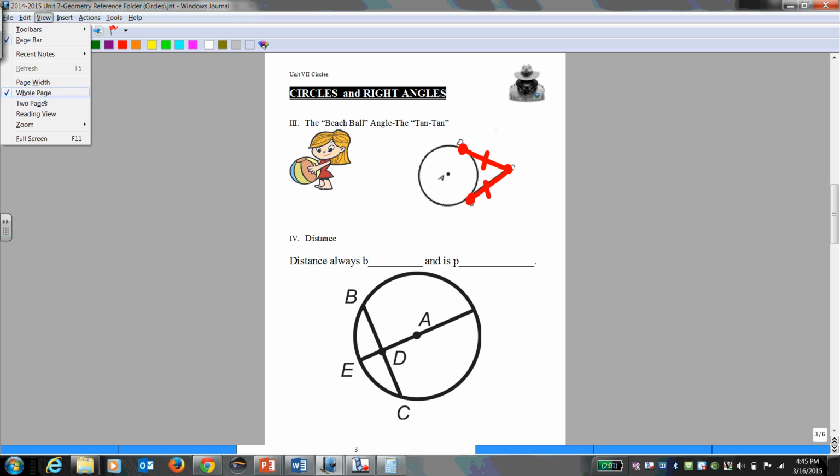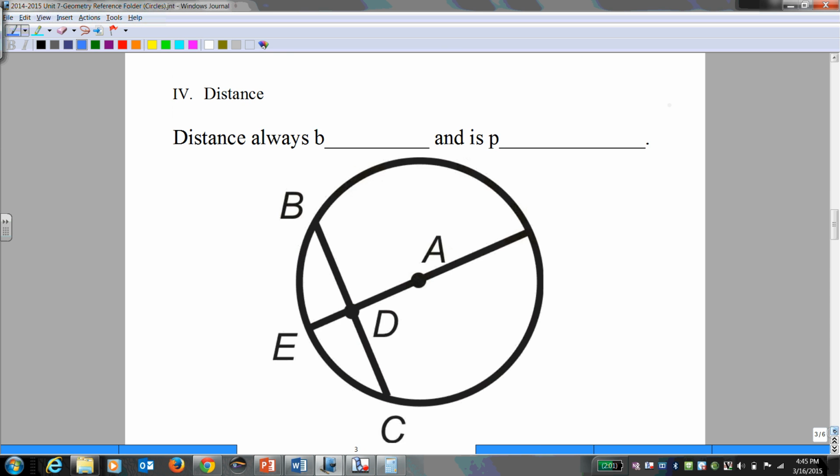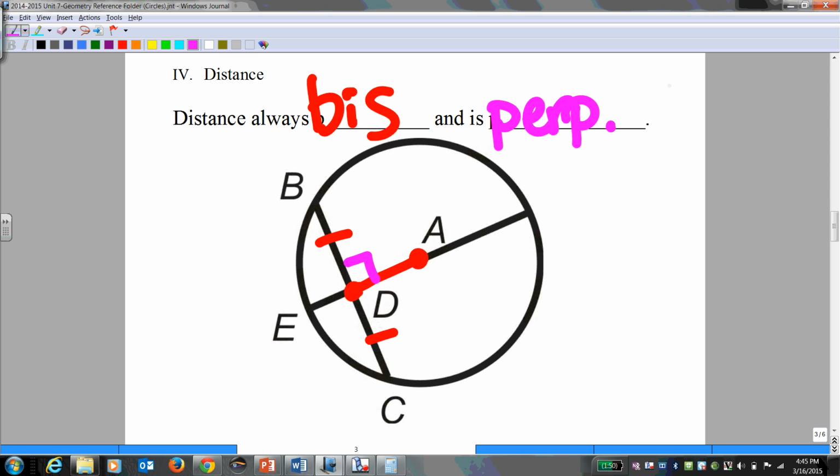Then right here, underneath the tan angle, distance. Remember, distance is from center to that. Distance always bisects the chord, and it is also perpendicular to the chord. You can use the symbol there. The word distance is just the red there.